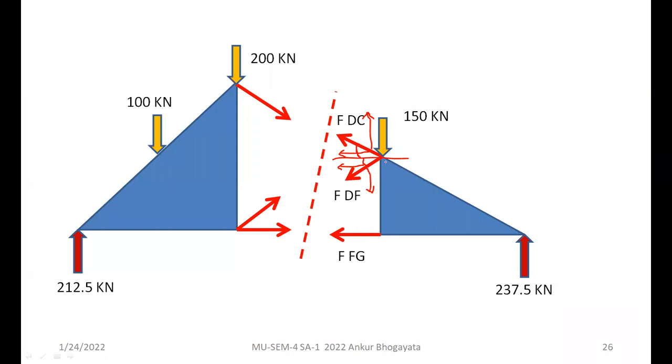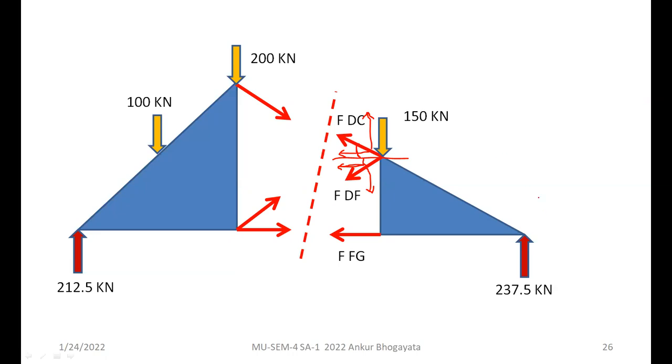So if you don't remember the values, you can obtain them with the geometry. This angle can be obtained from 3 by 5, and this can be obtained by 2 by 5, right? So tan inverse 2 by 5 and tan inverse 3 by 5 will give you the two angle values, and according to that, these are the components. This is a cos component, again this is a cos component.